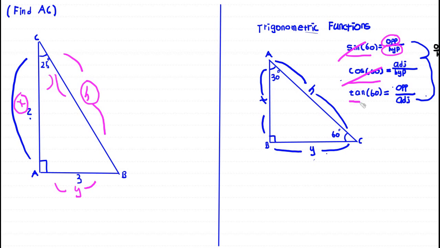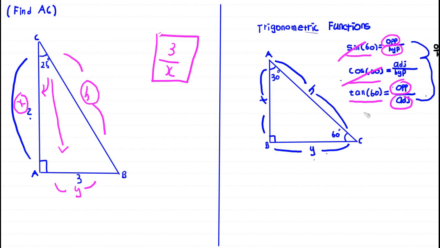If you see tangent, it is opposite over adjacent. So if you look at this, it is opposite side, which is 3, over adjacent side, x. So finally, that means we can apply tangent for this right triangle.